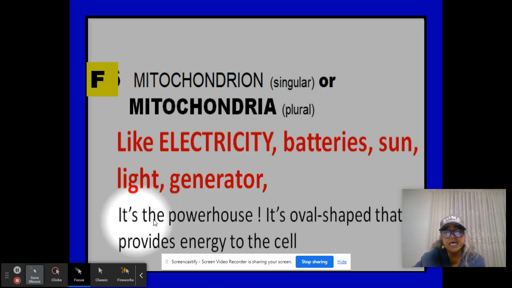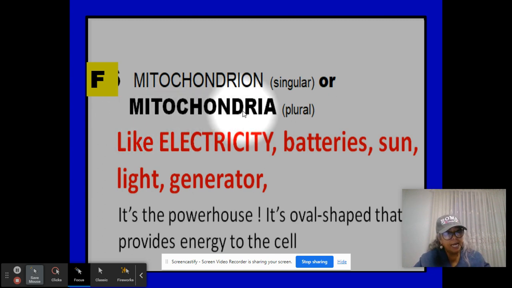So basically, it's the powerhouse of the cell. It's oval shaped and provides energy to the cell. If you recall, we had that video clip by Bill Nye on cells. One of the big words there that you wrote down was mitochondria.